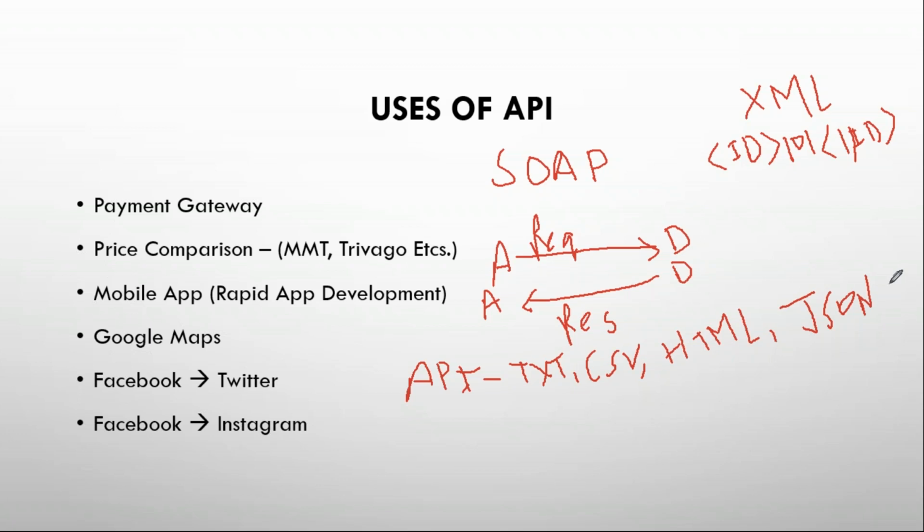And the most important thing, see, all the unstructured data database systems store the data in JSON format. Unstructured database, what does it mean?